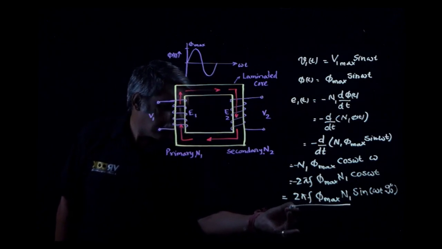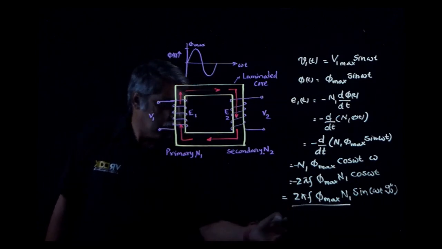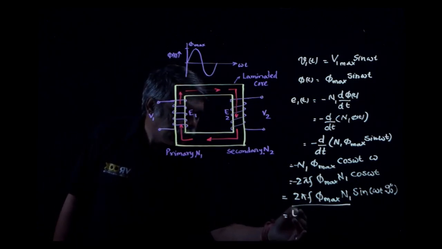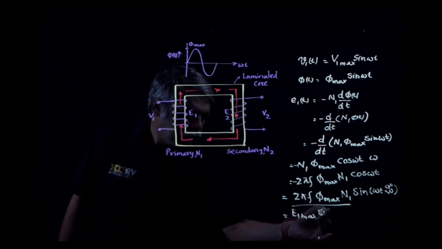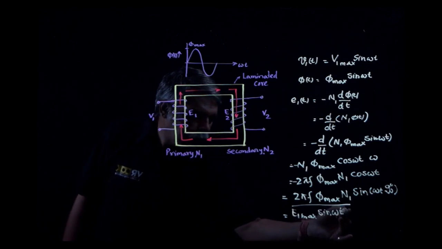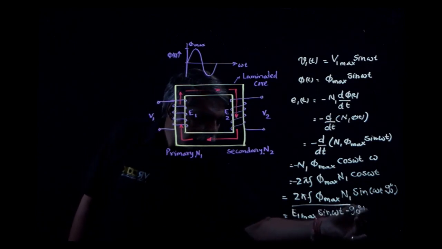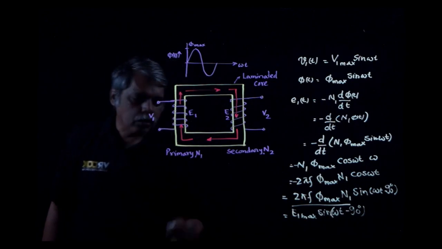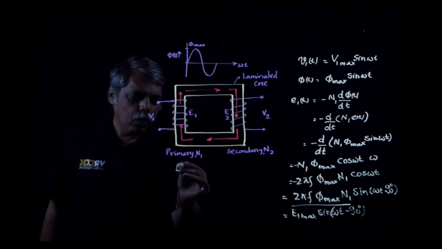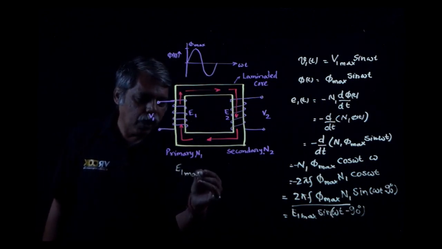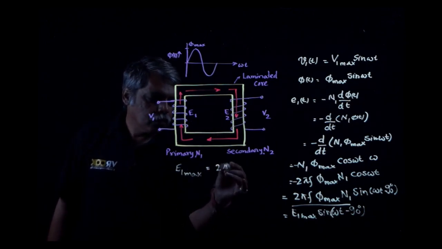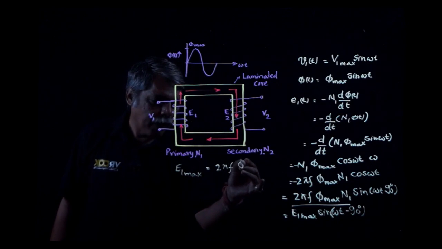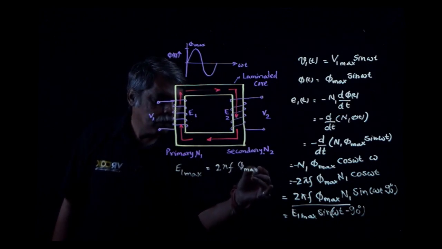This 2 pi f phi max N1 can be written as E1 maximum sine of omega t minus 90 degrees, where E1 maximum, the maximum value of the induced voltage, is 2 pi f phi max N1.